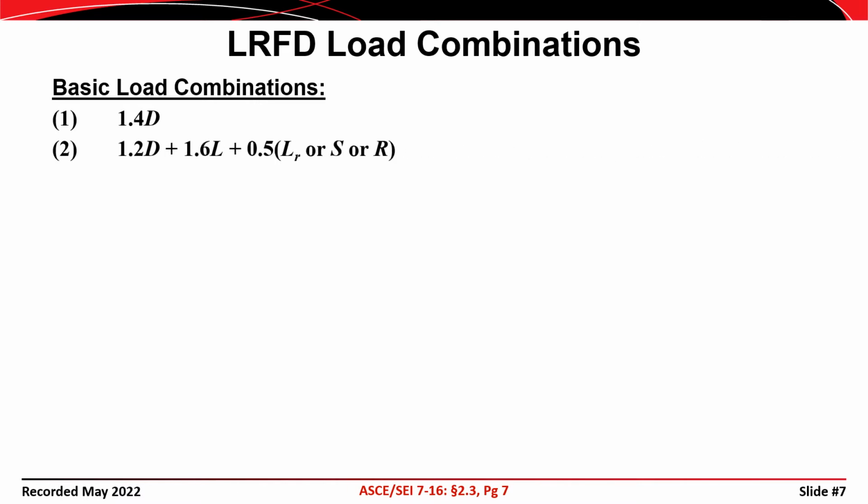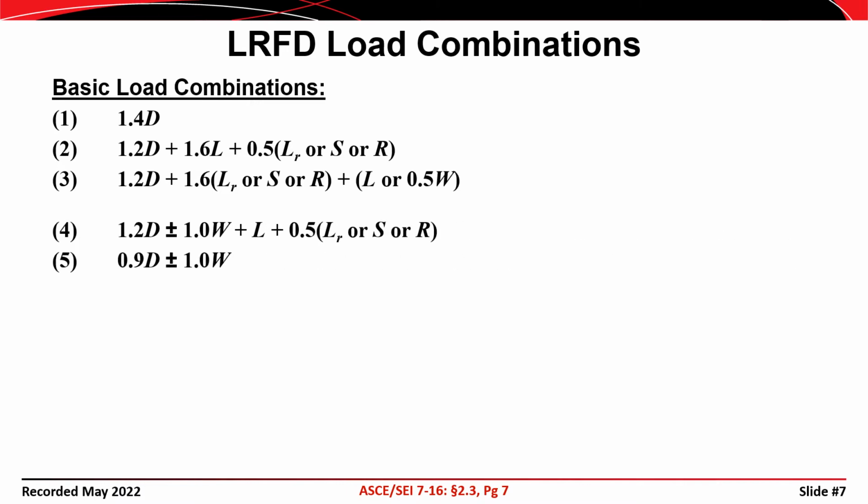The second one is the basic design load combination where you have dead load and live load at their maximum lifetime levels, and you have the environmental loads L sub R, S, or R at their arbitrary point in time levels. The third load combination reverses that, so now you have the roof live load, the snow load, or the rain load at their maximum lifetime level, and you have the transient loads at their arbitrary point in time level.